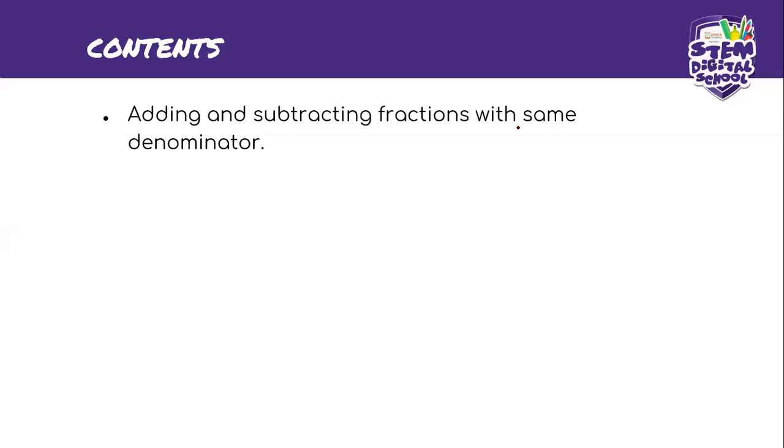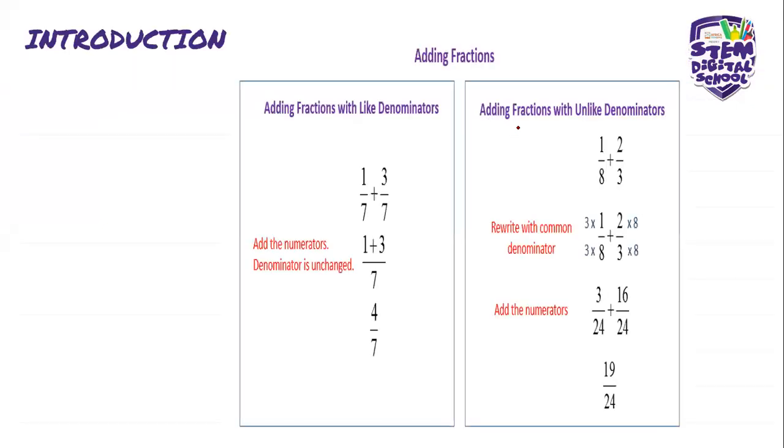So we're adding and subtracting fractions with the same denominator. That's what we're looking at. What is important with adding and subtracting fractions with the same denominator is that you only focus on your numerators.